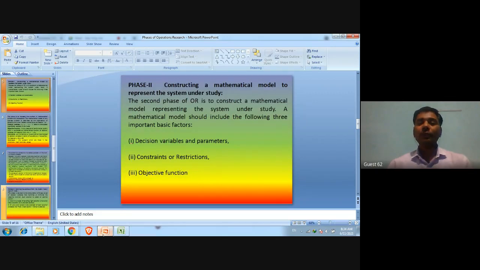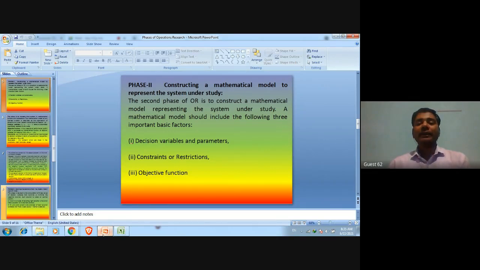Now, in the second phase, you have gathered your information, identified your problem, and mined your data. Now you have all the information, and you have stated your problem properly. Now you have to construct a mathematical model to represent the system under study.